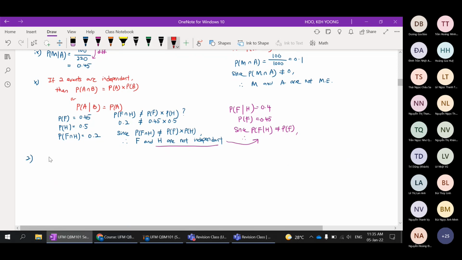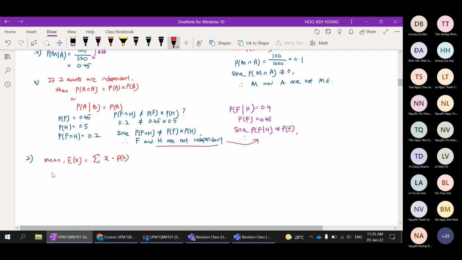The mean for a discrete probability distribution, or we can write E(X), the expected value of X, is equal to the total of X times the probability.